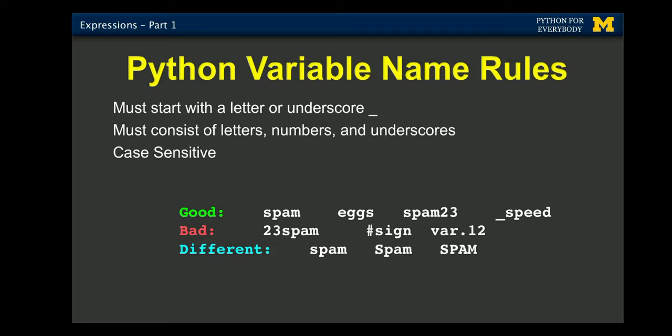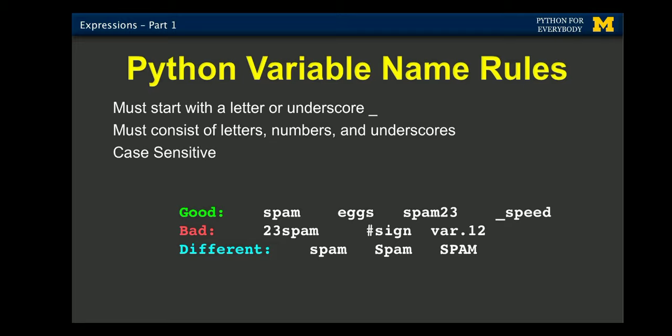Suppose you write good in a small case letter and Good with a capital letter, both are different names. These are good, bad, and different spam names, or variables listed below.